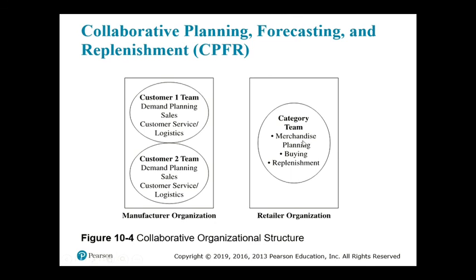So instead of having a dedicated team for each single supplier, we'll have category teams, right? So for shampoo, we have a whole team dedicated to figuring out the strategies for merchandising, planning, and purchasing and replenishment.